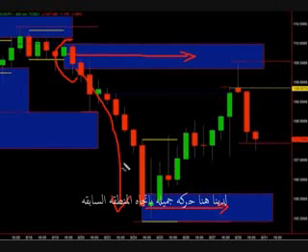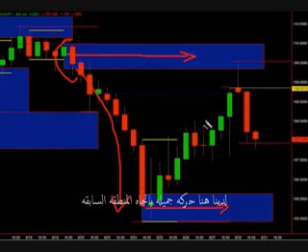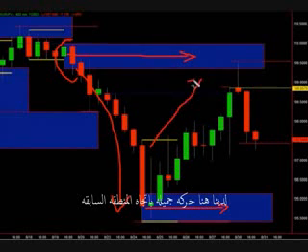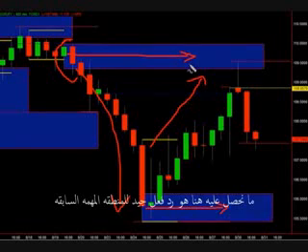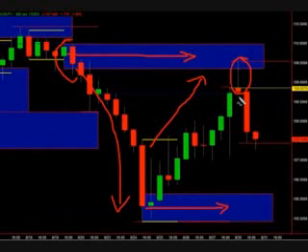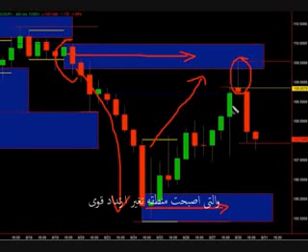Now, we've actually got a nice movement upwards into that previous location. And what we see here is a nice reaction off a previously established location of interest, a previous location where the balance of power changed quite dramatically.